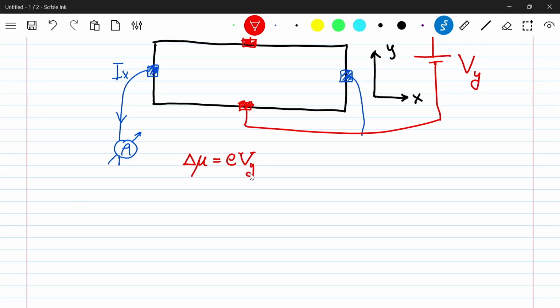Now I also want to put here some geometric factors. So Ly is going to be the width of the system in the y direction, and Lx is the dimension in the x direction. And we are assuming for the moment an ideal system.